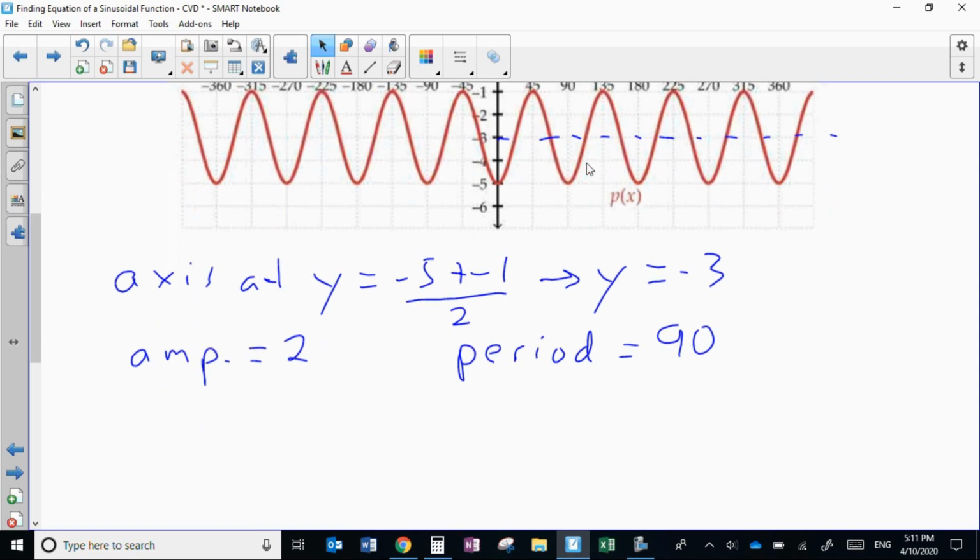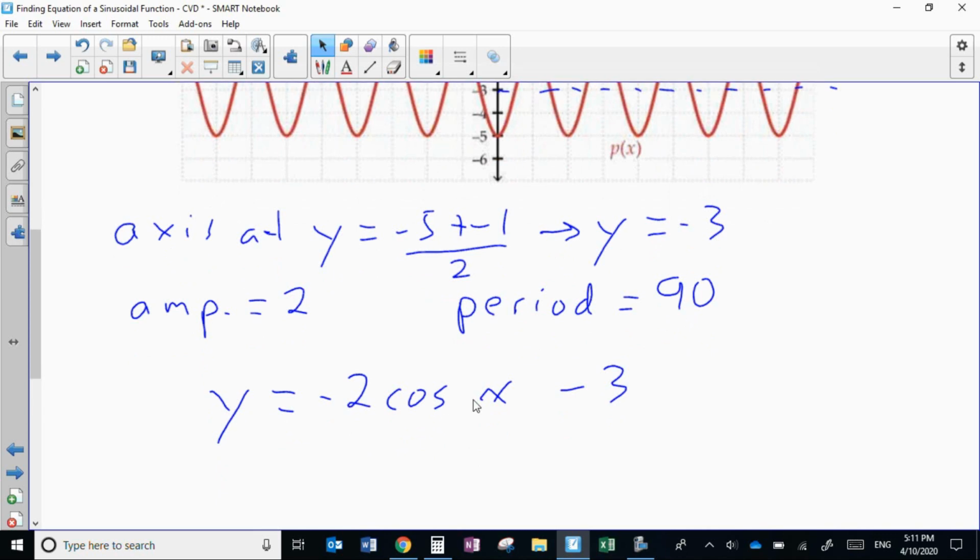We know the amplitude is 2, so we know that the equation is going to look something like this. But what about the value right here in front of x? I call that a k value, by the way. When we first introduced transformations, this value right here we referred to as k. The period is 90, not 360, so we obviously horizontally compressed it. Now, a lot of you can probably see right away that 90 is a quarter of 360, so our value is going to need to be a 4 right there.